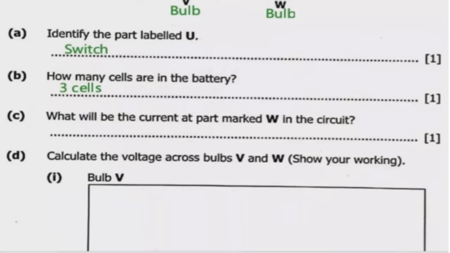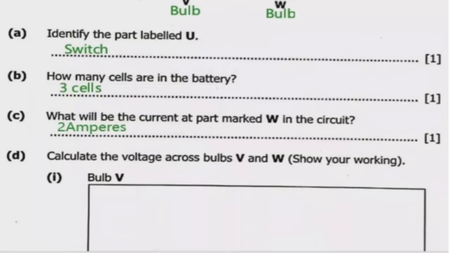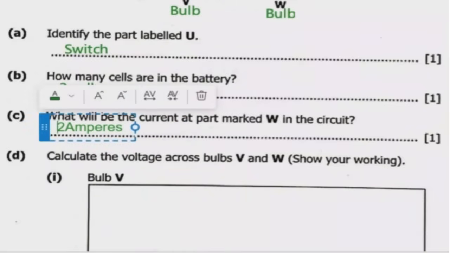Since the ammeter is reading 2A, this is the current passing through the wire, so the reading of the current at W will be 2 amps as well. 2 amperes. If you write 2A, it's okay. The answer is also correct.